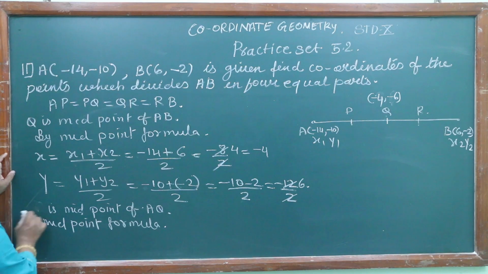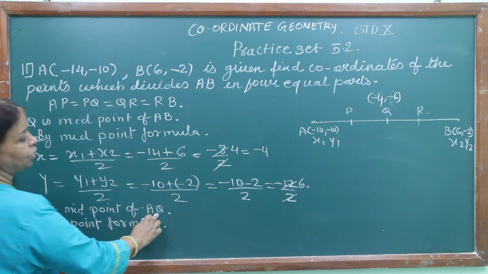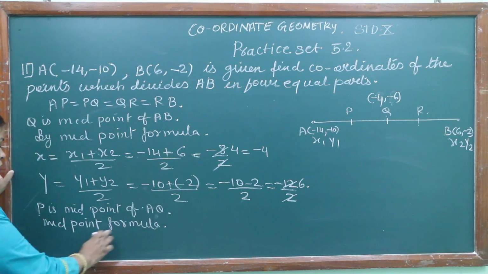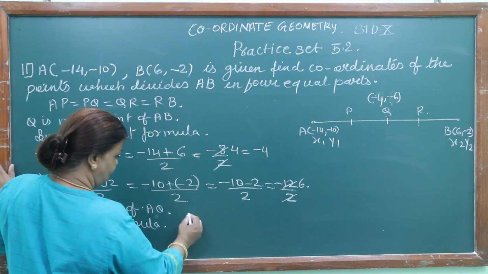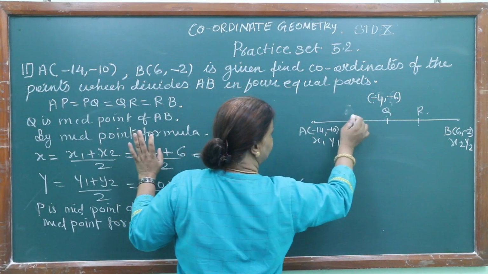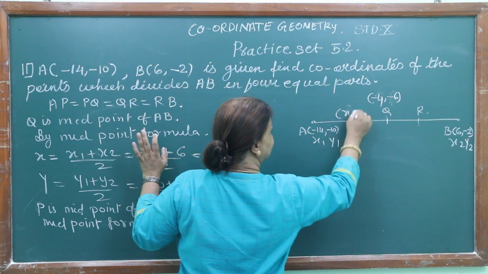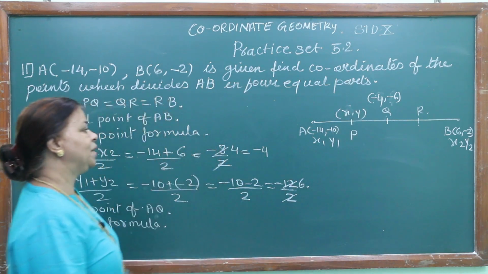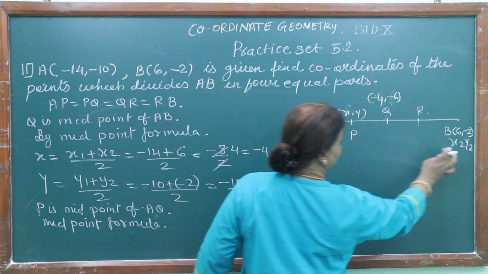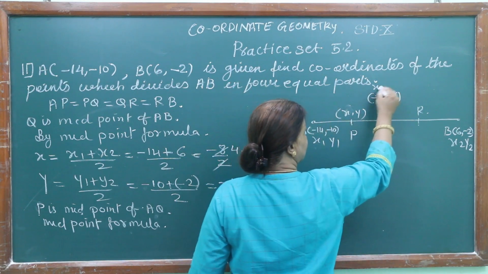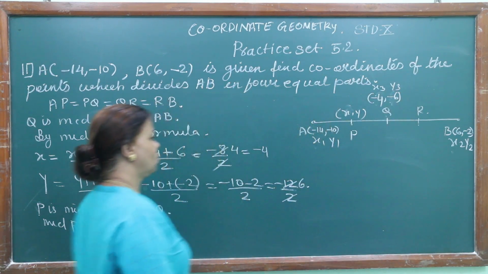Sorry, children, P is the midpoint of AQ, and by the midpoint formula, let us take the coordinates of point P as x and y. So again by the midpoint formula, if this is x1, x2, let me take it as x3 and y3.